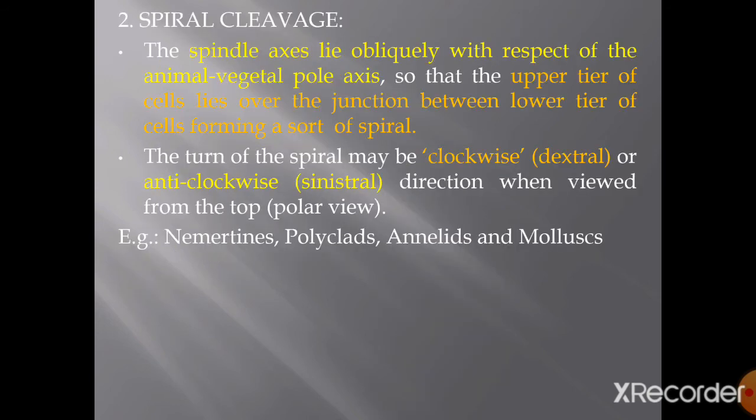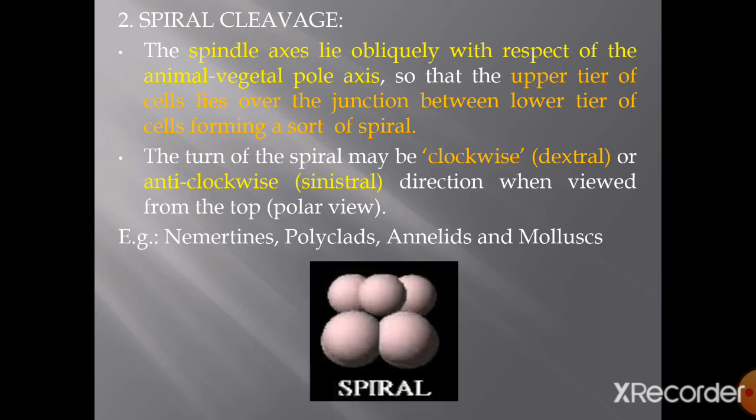Then the second type is spiral cleavage, where the spindle axis lies obliquely with respect to the animal-vegetal pole axis, so that the upper tier of cells lies over the junction between the lower tier of cells, forming a spiral.